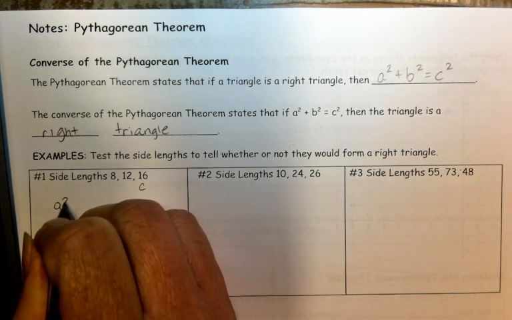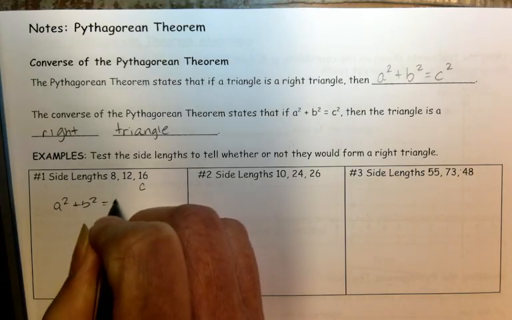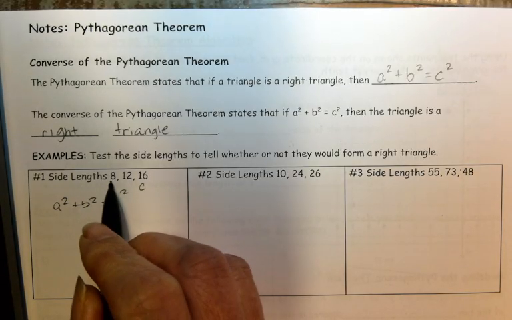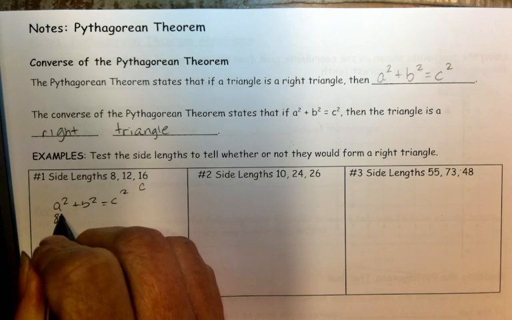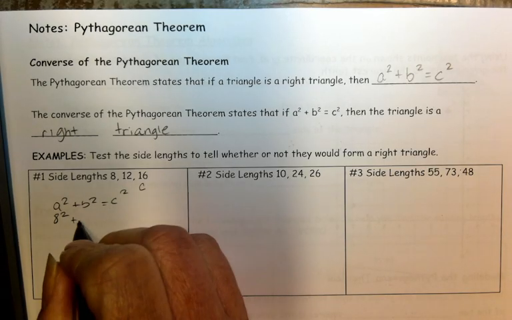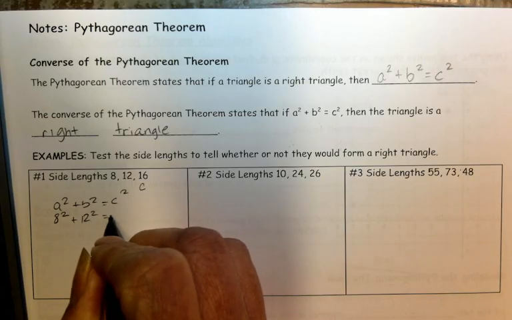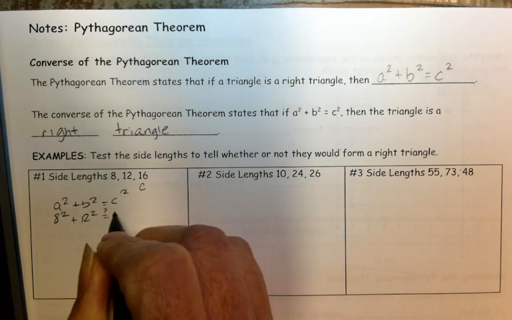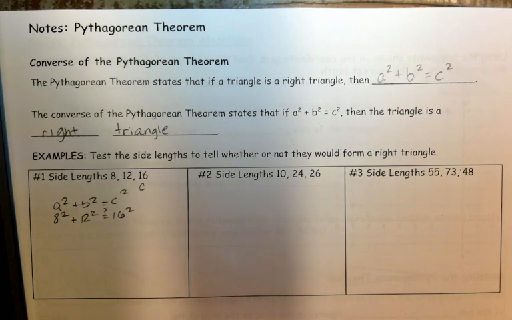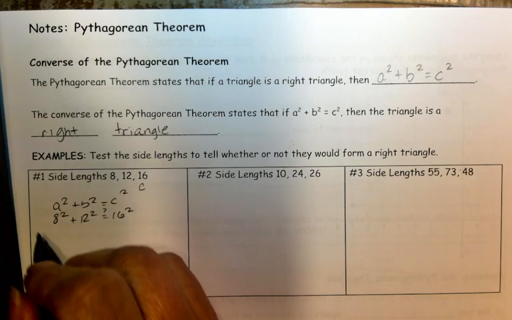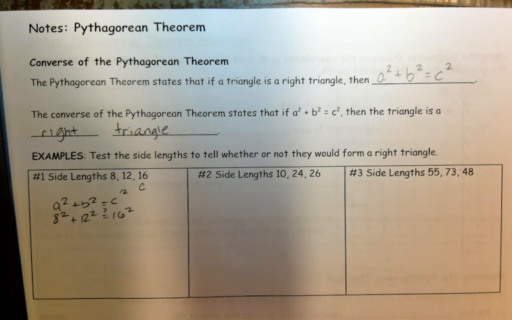So we're going to do a squared plus b squared equals c squared. A and B don't really matter, so I'm going to call 8 my a. B I'm going to call 12, and we're going to see, does it actually equal 16 squared? If it does, that means it's going to be a right triangle, and if it doesn't, that means it's not a right triangle. So we're going to go ahead and solve those values.